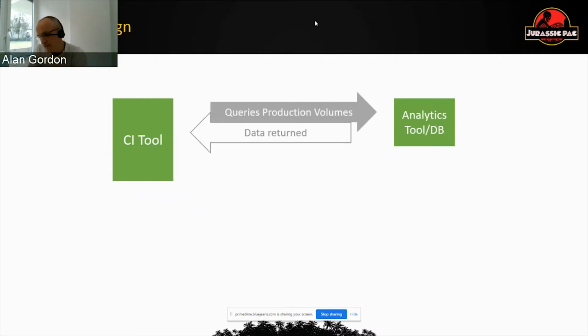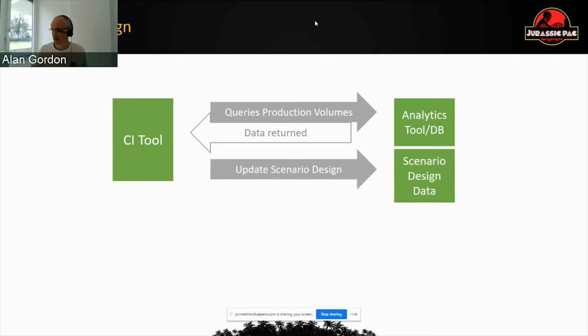So the first part of this is that we need to send the query automatically to our analytics tool to get those production volumes, and the data will be returned, either directly from the CI tool or in some other way. And the scenario design will then be automatically updated, which could be in the YAML file or wherever it happens to be.